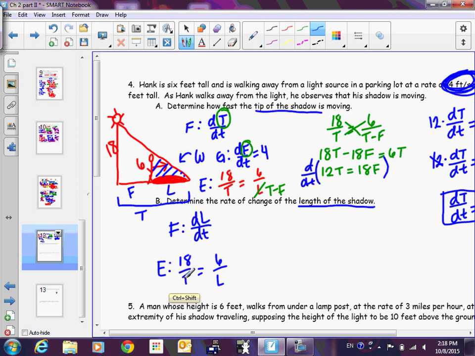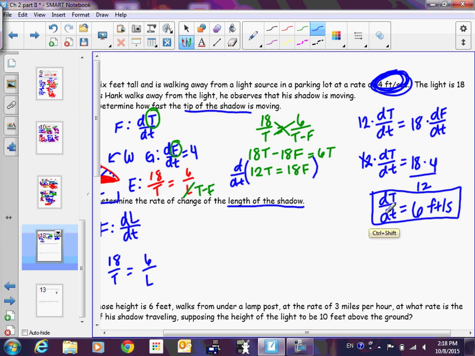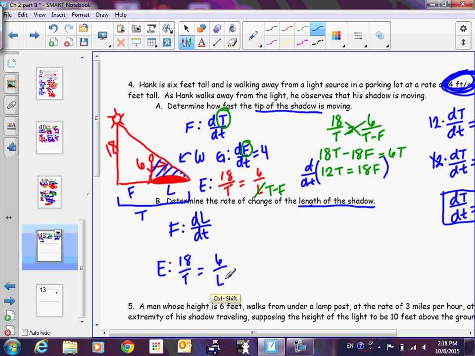Okay, so some of you are saying switch and change. I could replace T with F plus L. Okay, that would be okay. But what did I just find in part A? I found out what dT over dt was. So on this one, it's totally fine to keep it like this.